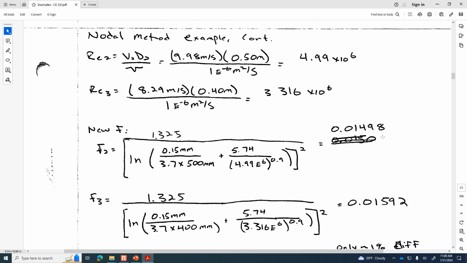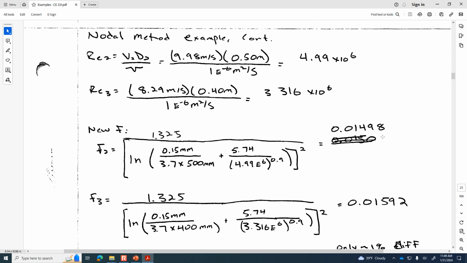So 0.01498 minus the initial guess, 0.01493, divided by the new one, 0.01498, and multiplied by 100, is 0.3% different. If your F value is changing by less than 1 or 2%, then you don't need to go through this process again.